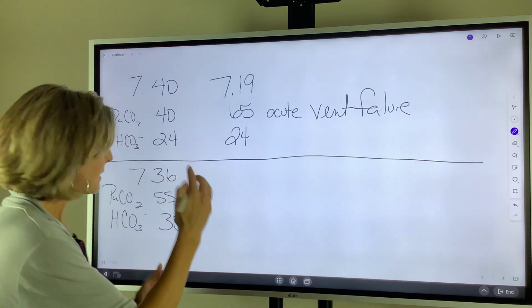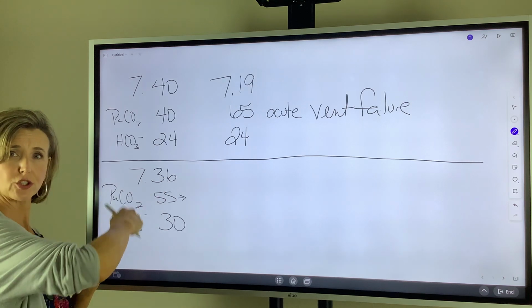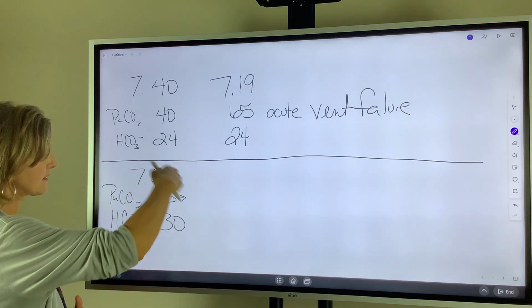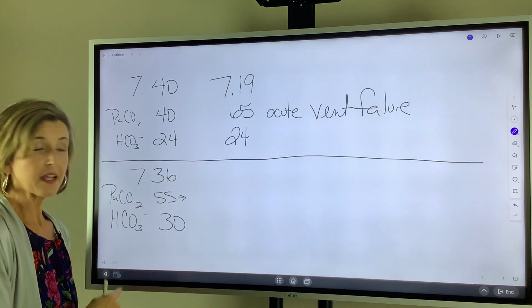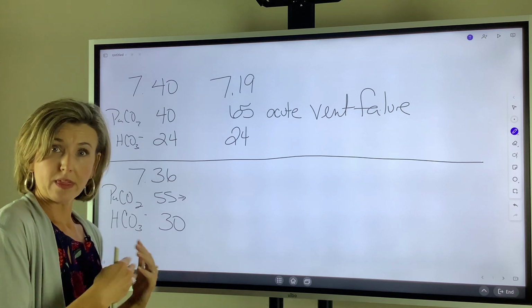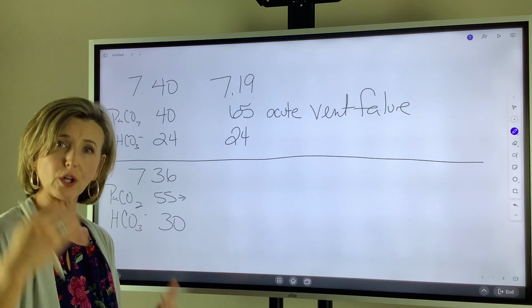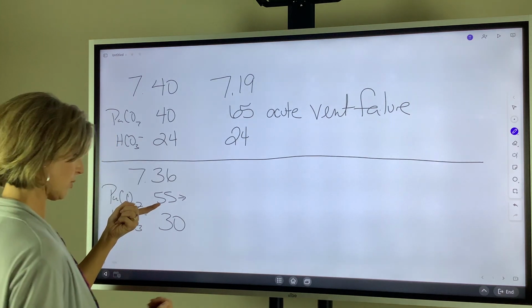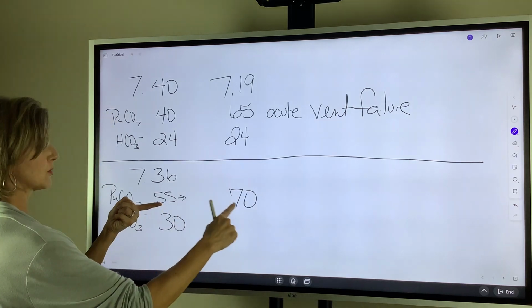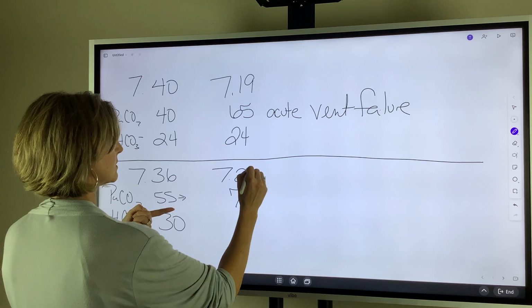Remember, we have a chronic lung disease. This is this patient's normal. But this patient that has COPD that lives in this situation, they can have a narcotic drug overdose too, right? And so when that happens, their respiratory center in their brain is depressed, they don't breathe as much, and CO2 climbs. And anytime CO2 climbs, pH falls.